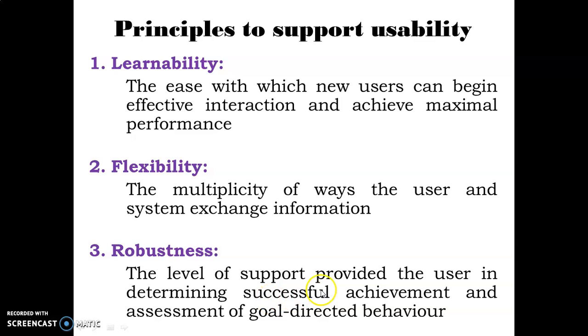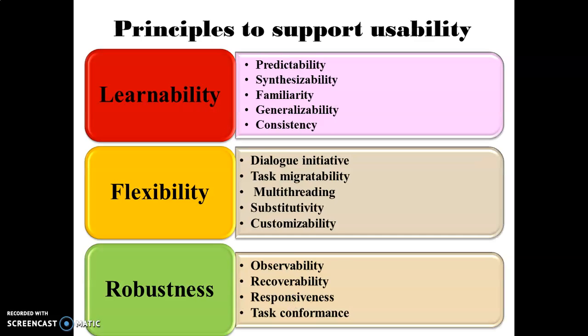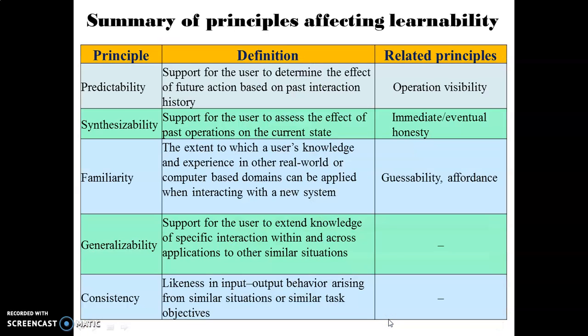Robustness is the level of support provided to the user in determining successful achievement and assessment of goal-directed behavior. All these principles are further categorized into subcategories. So these major ones, learnability, flexibility, and robustness, are further categorized into subcategories as shown over here. We are going to learn all of them in depth.